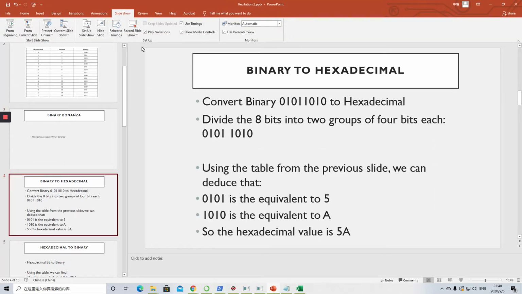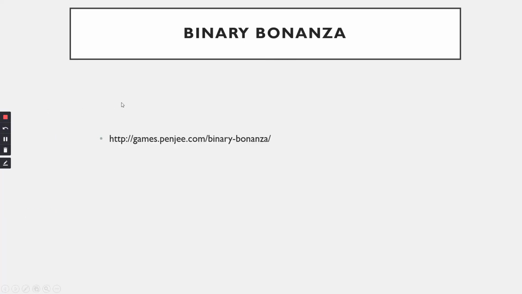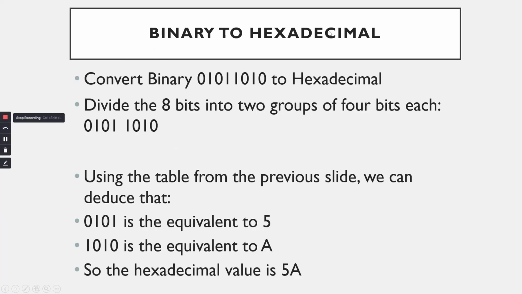So let's go to the first question. Convert binary to hex. For the first one, 0101 1010 to hex. For this one, we could refer to the table.